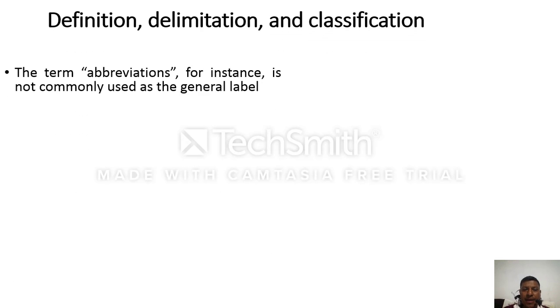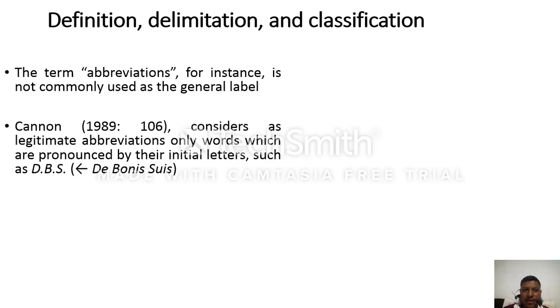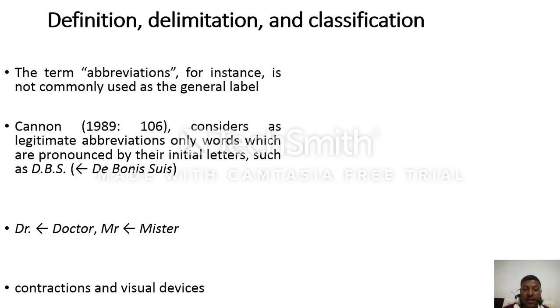Now we have in this topic definitions, delimitations, and classifications. Abbreviation is understood and commonly used at a general level. It's more or less talking about words, for example, Dr. for doctor, Mr. for Mister.